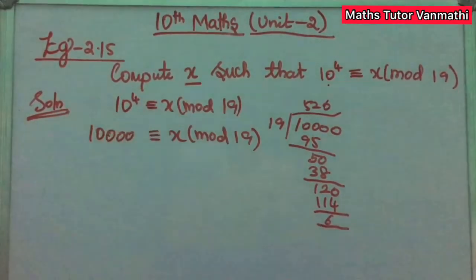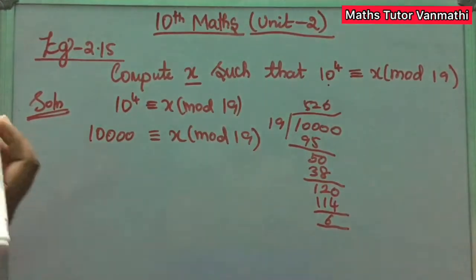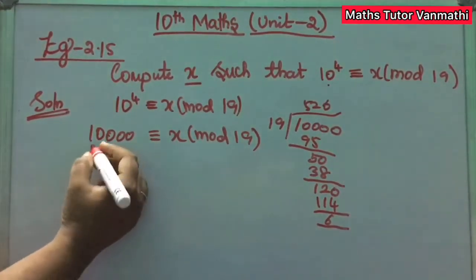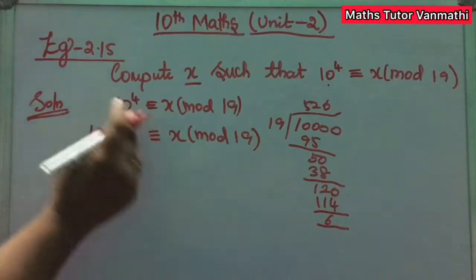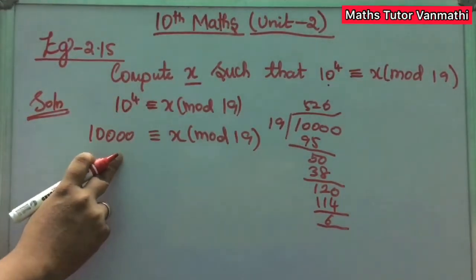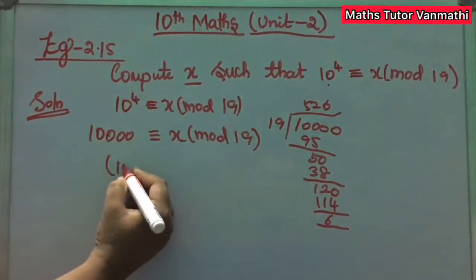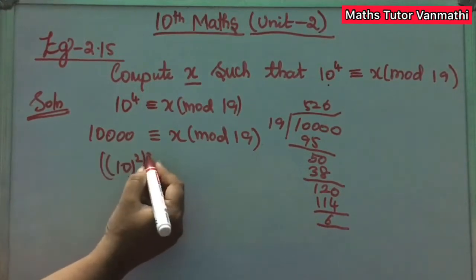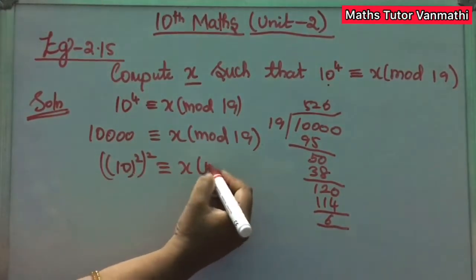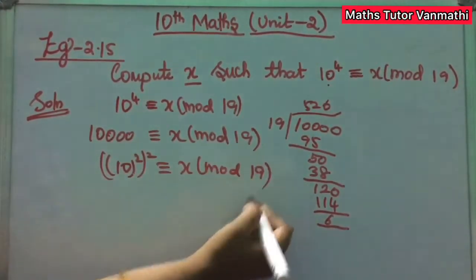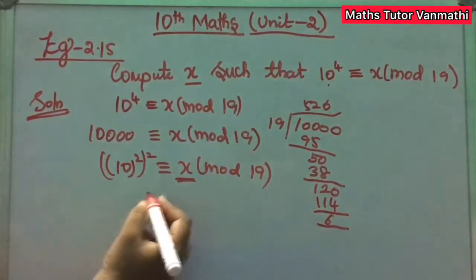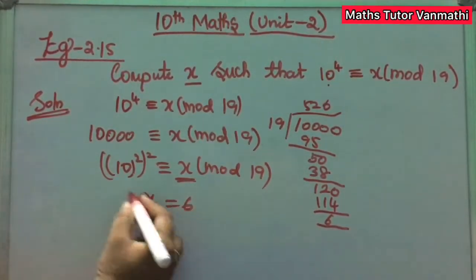By using this simple method you can find the x value easily. This can be written as 10 power 4 is nothing but 10,000, and this also can be written as 10 square the whole square, which is congruent to x mod 19, and here your x value is 6.